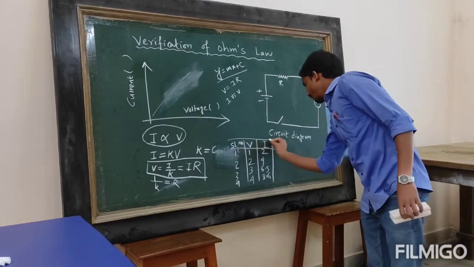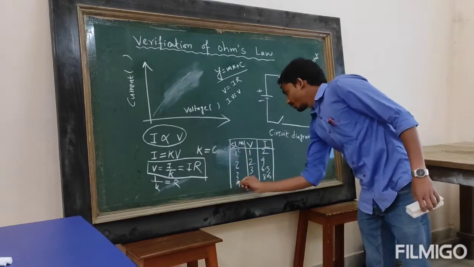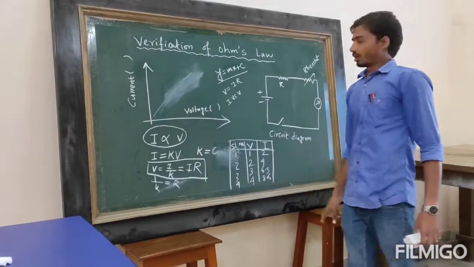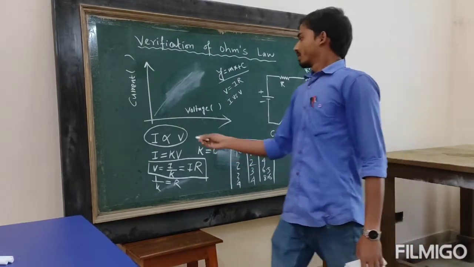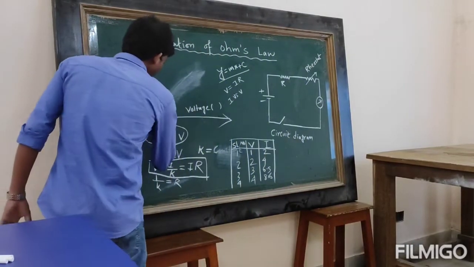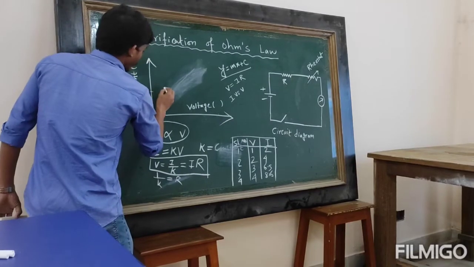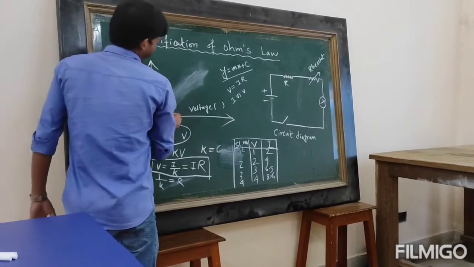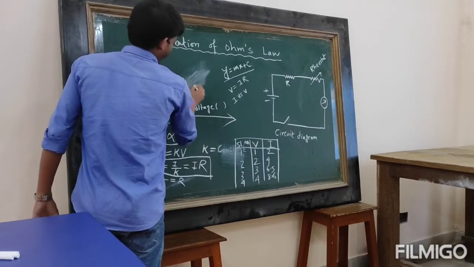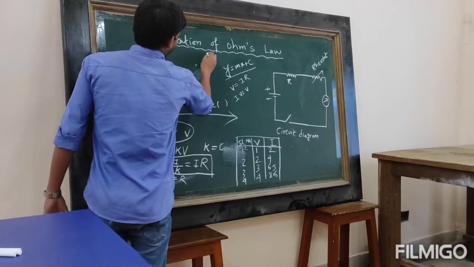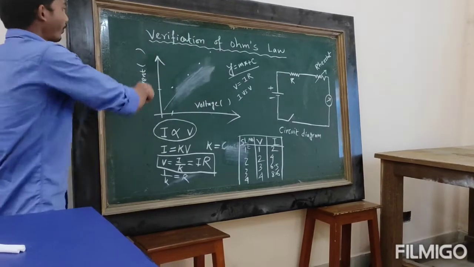Next, you will plot this. When voltage is 1, current is 2, so you get a point here. For the second and third you get points here. You will get these 4 points.